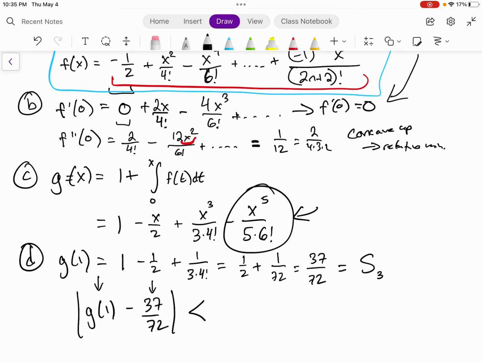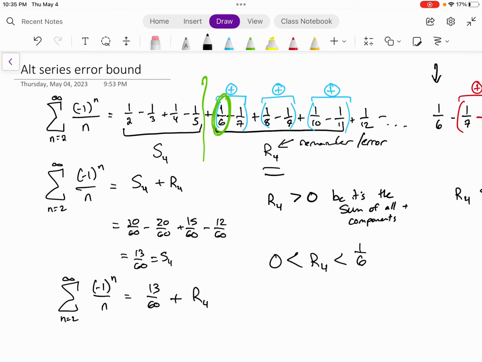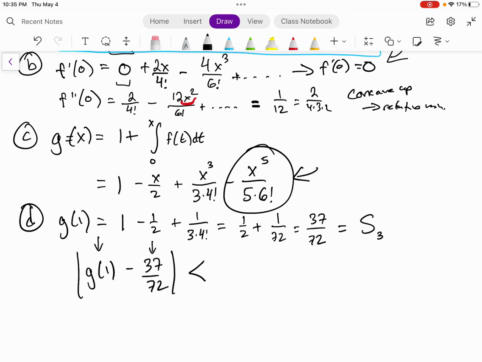That's what we showed way up here. My actual remainder, the difference between my partial sum and my actual sum, is less than the next term for alternating series.